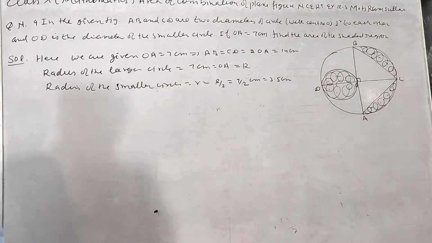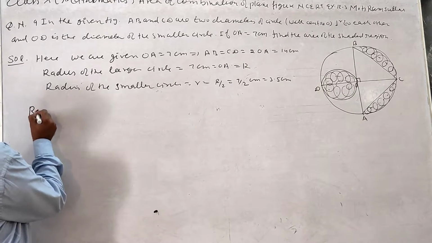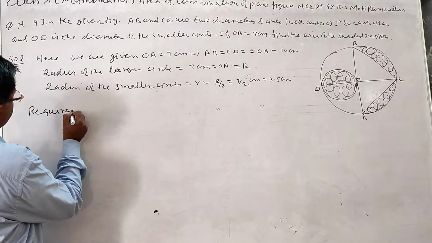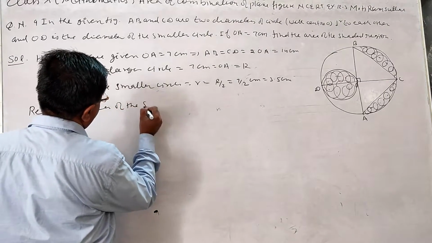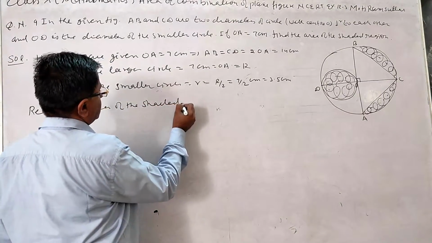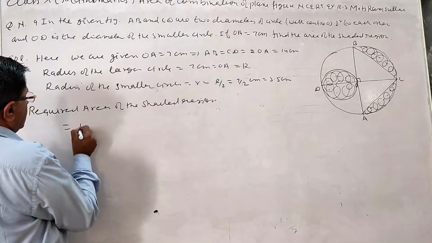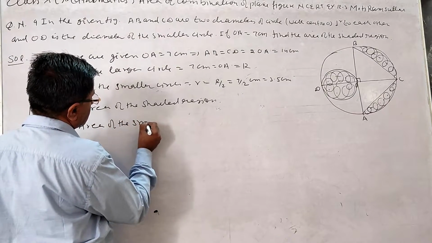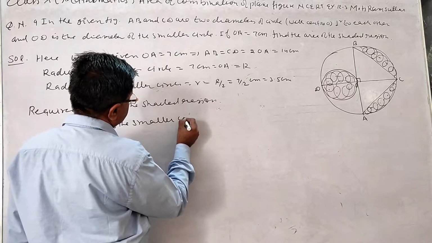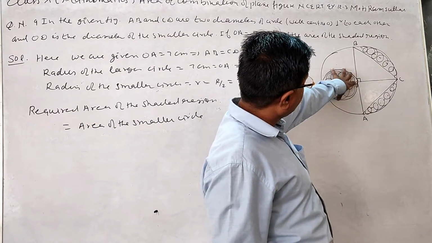Now you can see the required area of the shaded region. So see, the area of the smaller circle, we take the shaded region area of this smaller.